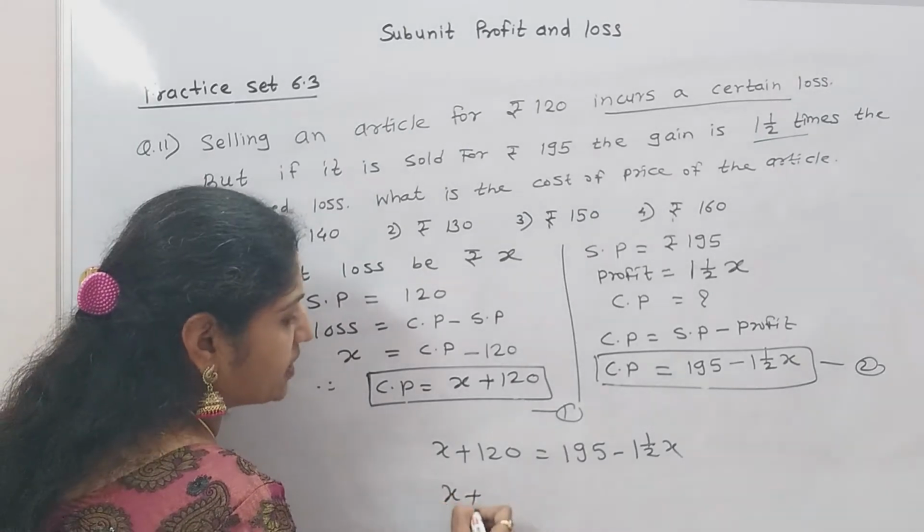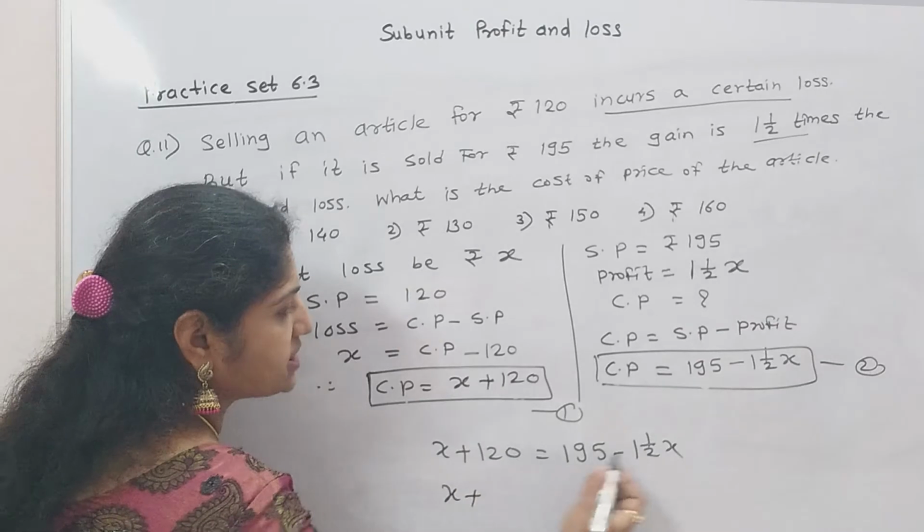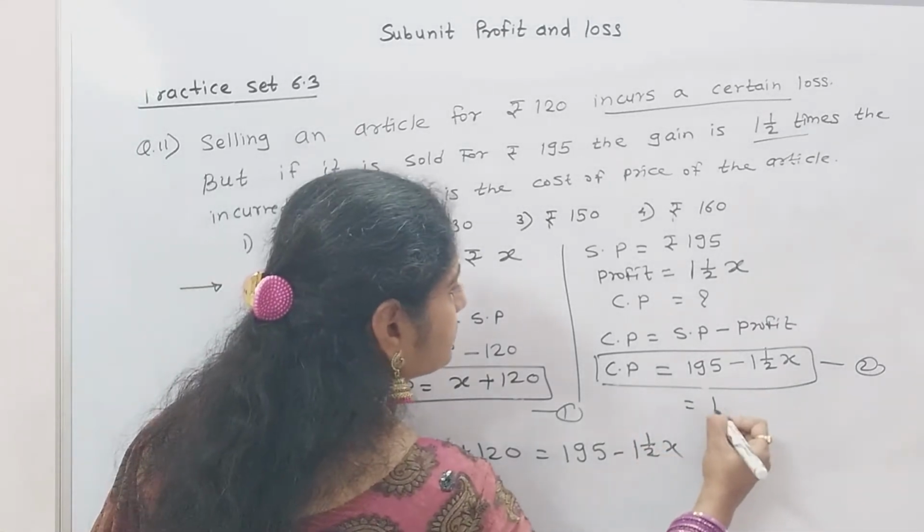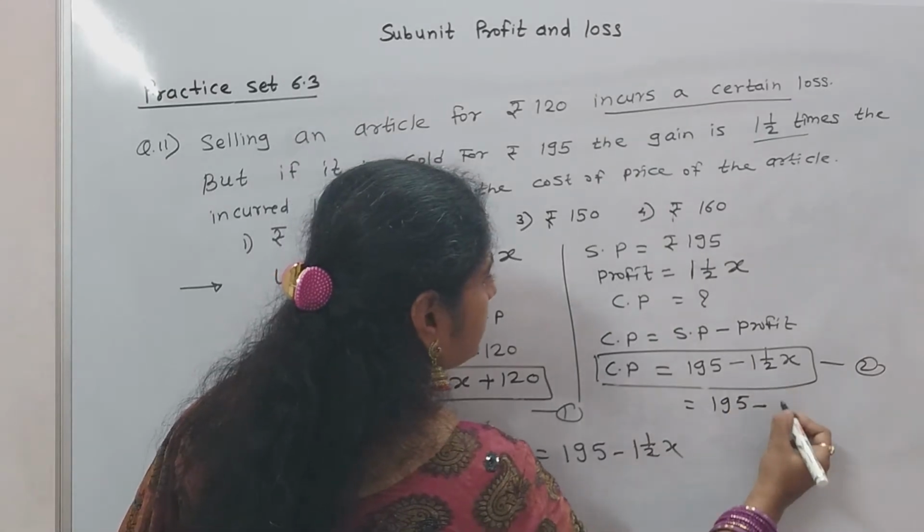Now X plus this minus goes to this side, 1 and 1 half. 1 and 1 half means 3 upon 2.